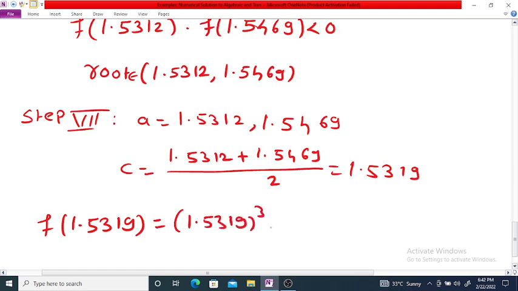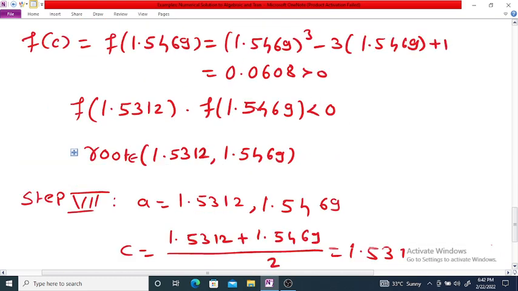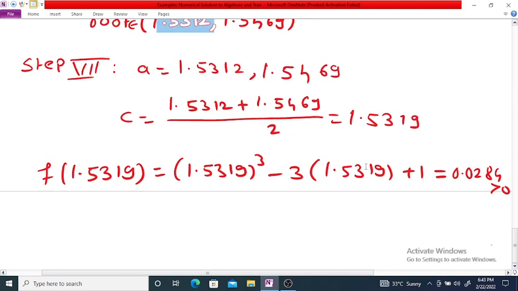f of 1.5319 is equal to 1.5319 cube minus 3 times 1.5319 plus 1, so it is equal to 0.0284, which is greater than 0. And in the last step, f of 1.5312 is less than 0.